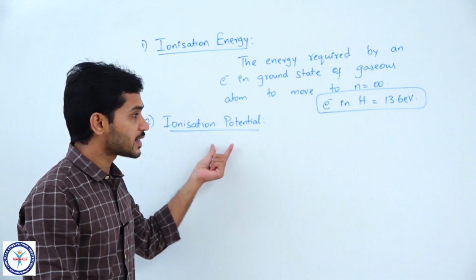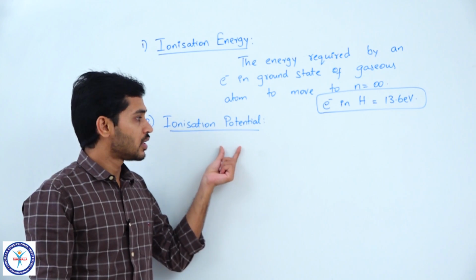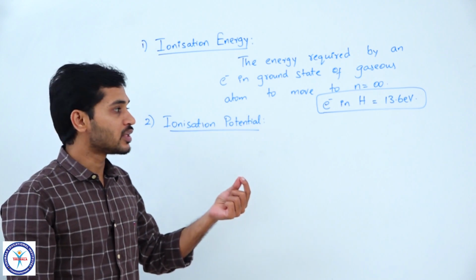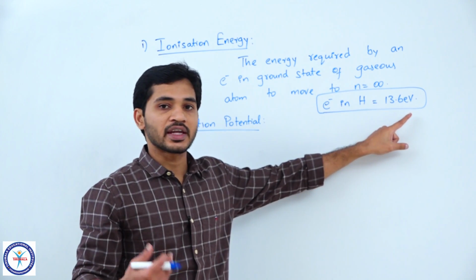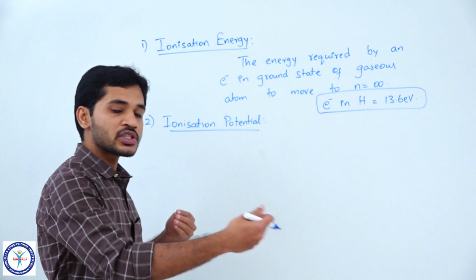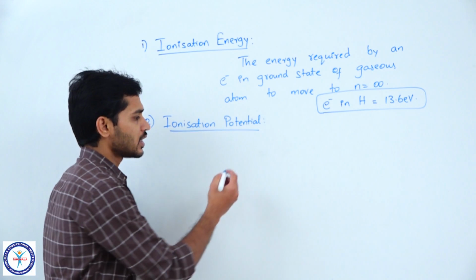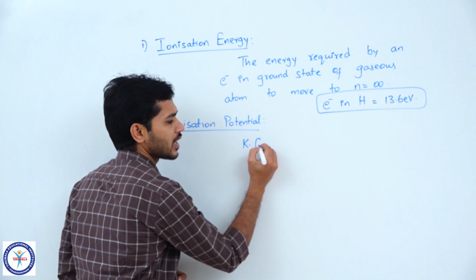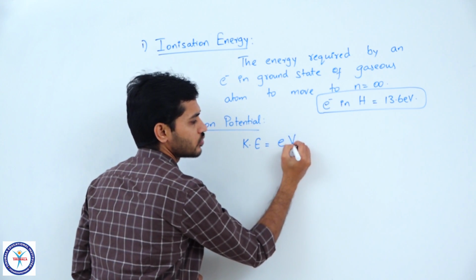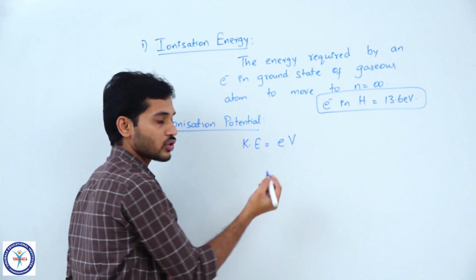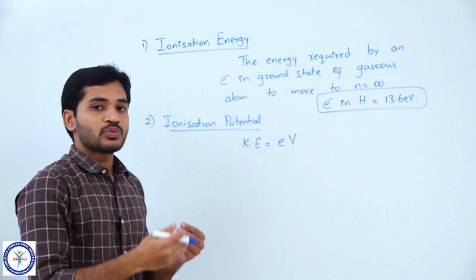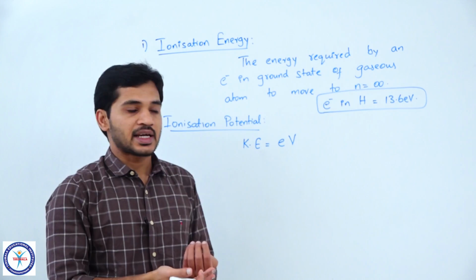So, what ionization potential means is: to give an electron 13.6 electron volts of energy, through how much potential difference should that electron be accelerated? We know that the kinetic energy imparted can be written as e times V, where e is the charge of the electron and V is the potential difference through which it is accelerated.